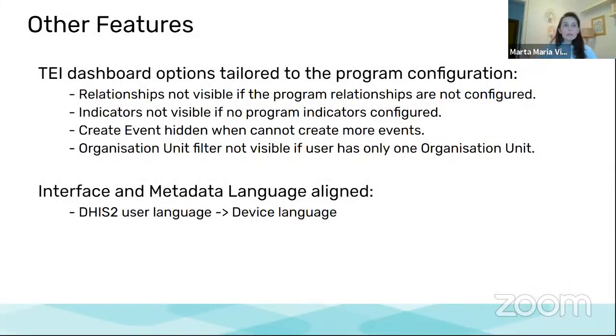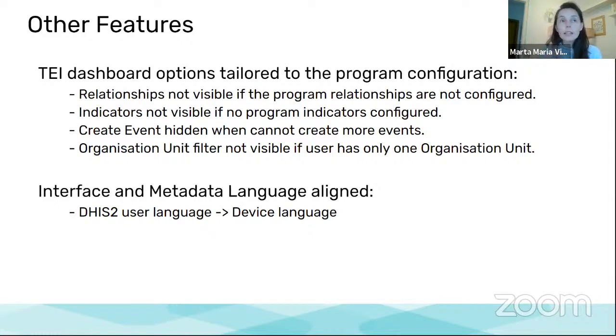Other features that we have implemented before moving to the demo of the analytics is that the TEI dashboard options now look a bit cleaner because they are tailored to the program configuration. There are no changes in the user interface or functionalities. It's just that we are hiding things from the options offered to the user based on the configuration.